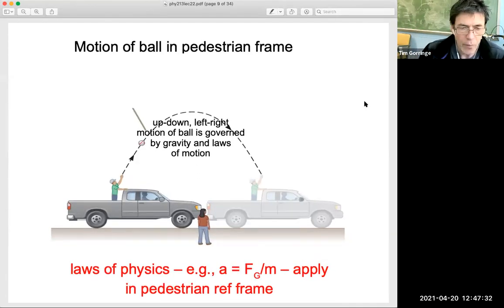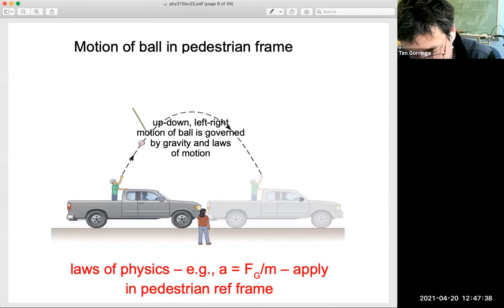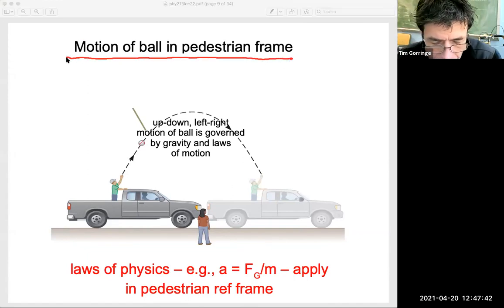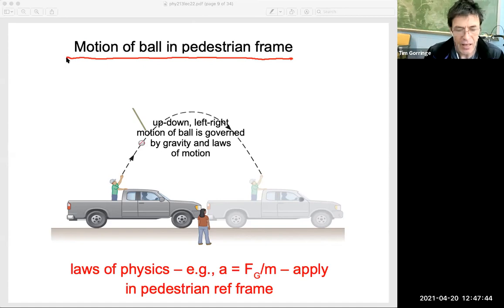Okay, so here's the same thing, but viewed from a different reference frame. This is viewed from a pedestrian's reference frame as I, on the back of the truck, fly by, throwing the ball into the air. In this reference frame, the ball's motion is not simply up and then down.